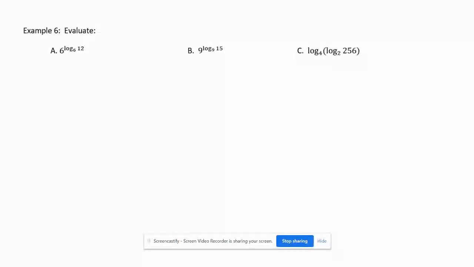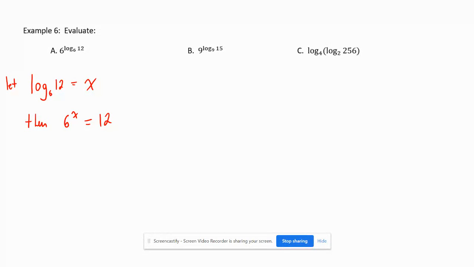If we have 6 to the log base 6 of 12, what I'm going to do first is let log base 6 of 12 equal x. I'm just looking at the exponent over here. So what does this mean in exponential form? It means 6 to the x equals 12.